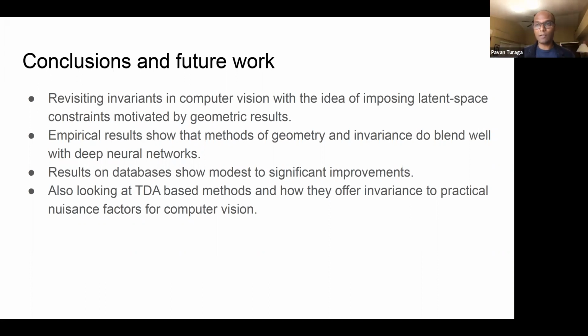Let the deep neural network do that, but then constrain some latent variables in the neural net with this sensibility that whatever feature it learns should be invariant to some nice analytic transforms. So we're trying to come up with some middle ground like that. Our initial empirical results show that these approaches do blend well with neural net architectures, and they actually do bump up performance a little bit on sufficiently large databases. At least for the time series, we have done that fairly well.